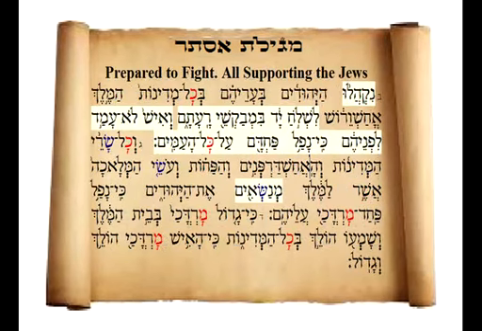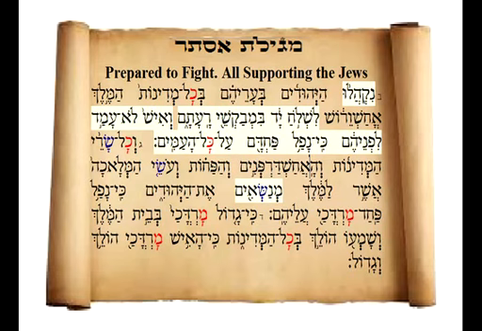And the Jews gathered in their cities in every country of the king Ahasuerus to attack those that would seek their destruction. And no man stood before them, because the fear of the Jews fell upon all of the nations.